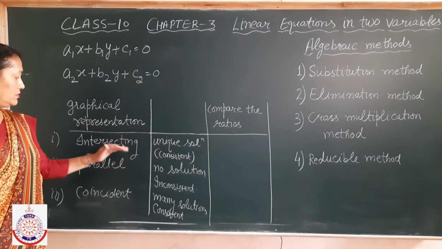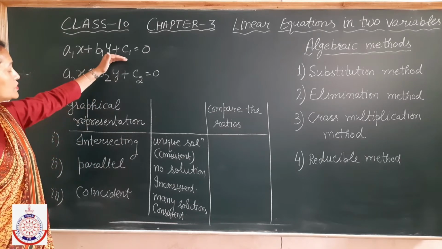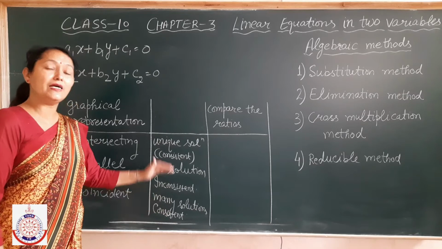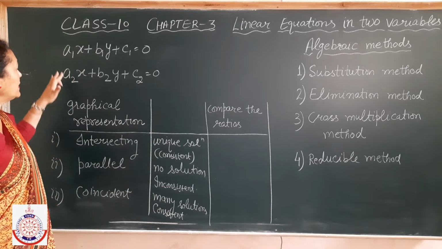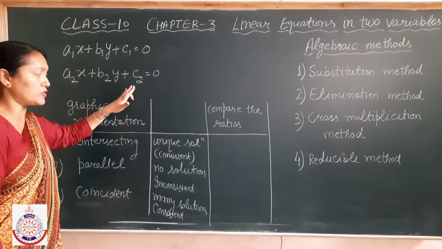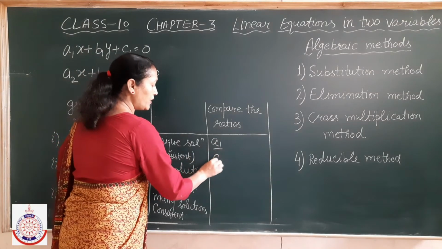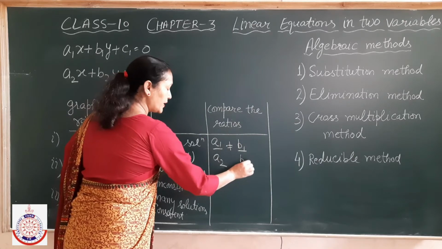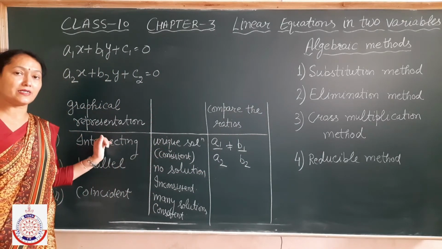Without drawing a graph, if we want to check whether the solutions are unique, none, or many, we compare the ratios A1 upon A2, B1 upon B2 and C1 upon C2. If A1 over A2 is not equal to B1 over B2, we have a unique solution and the lines are intersecting.